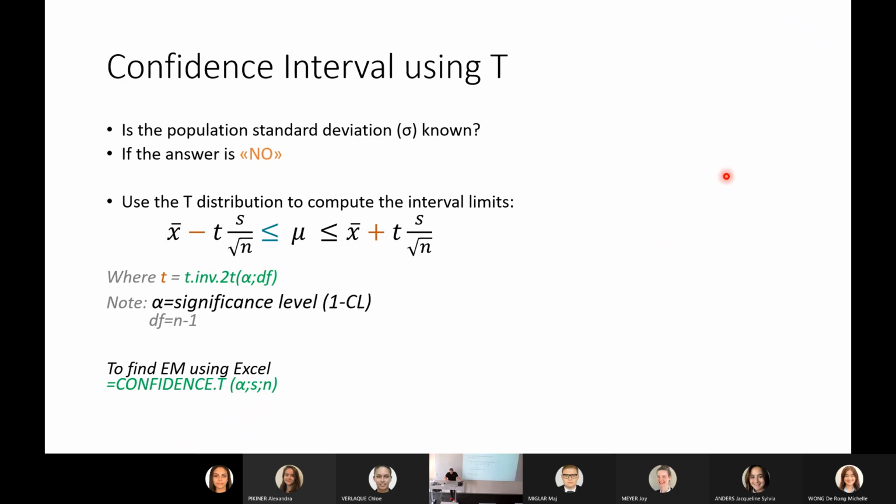The degree of freedom, do you remember? Can anyone remind me what the degree of freedom is when doing confidence intervals? It's n-1. Exactly. So I can see now that it's written here, so it shouldn't be too difficult, but it's actually n-1.